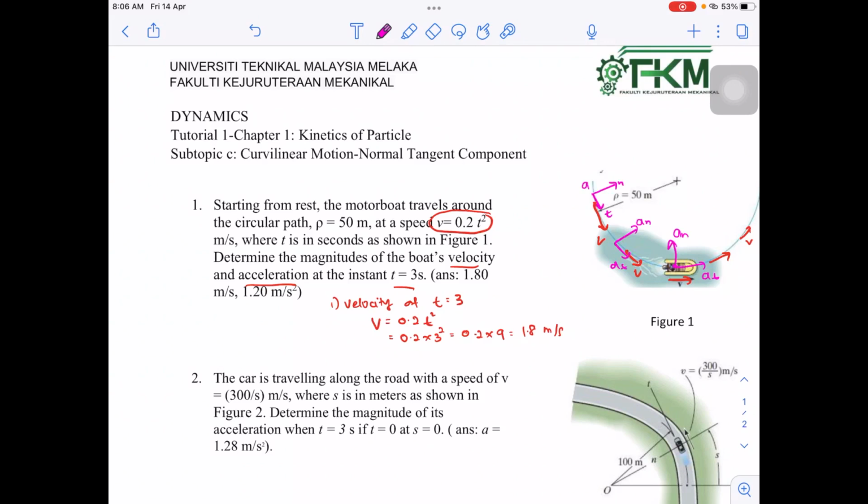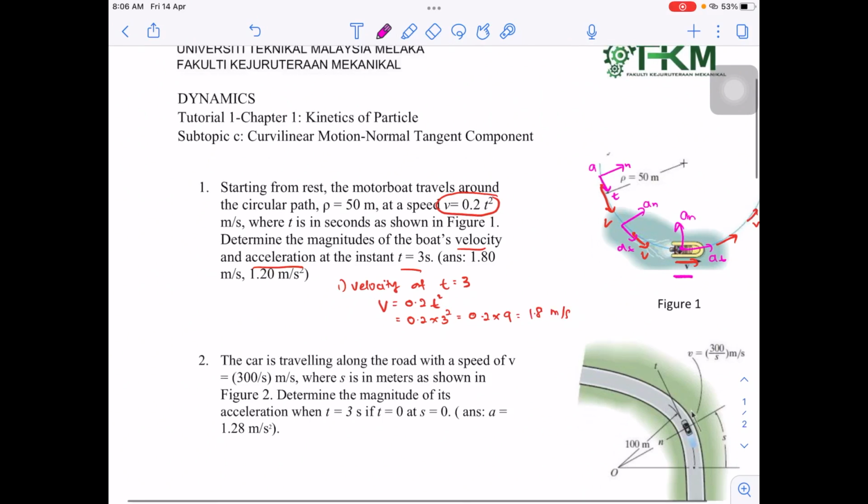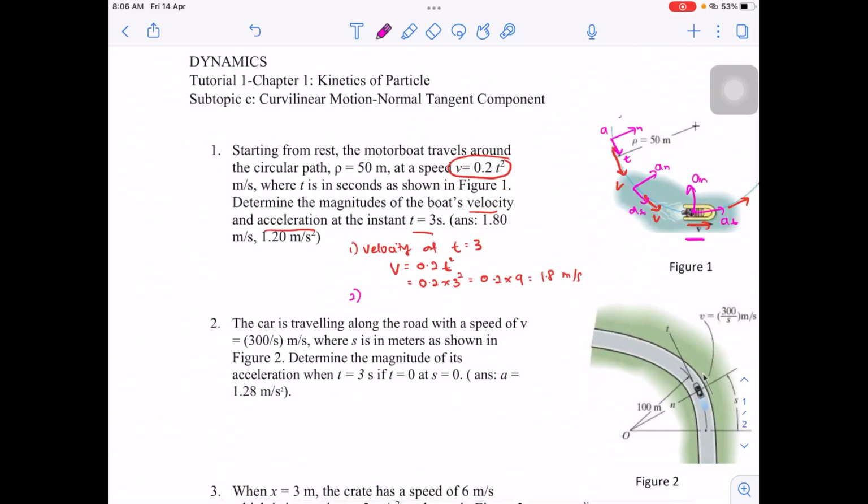All right, so they're asking you the acceleration at t equals 3, at this point.